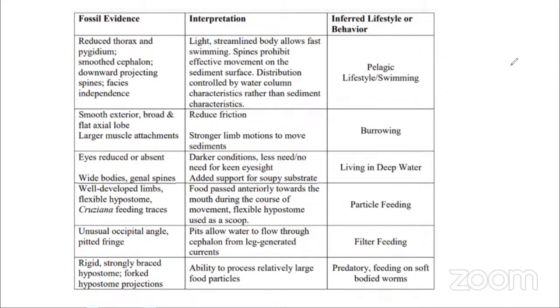How did we get to this inferred lifestyle or behavior from that fossil evidence? You might want to look back at your diagram while you're thinking about this. We're now using some of those specific trilobite anatomy parts.